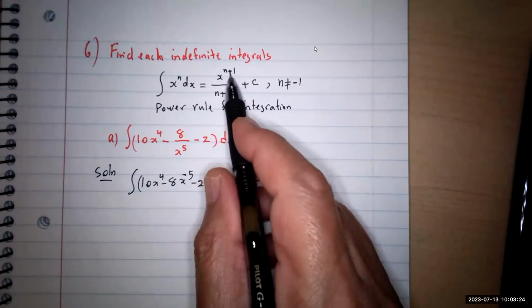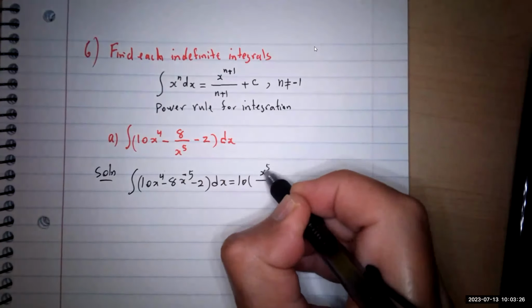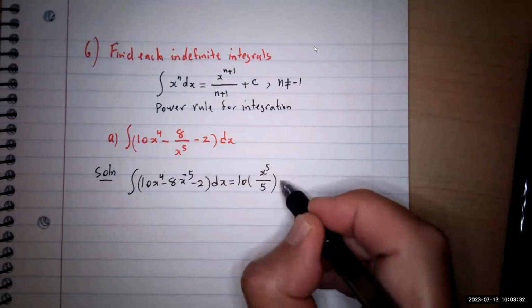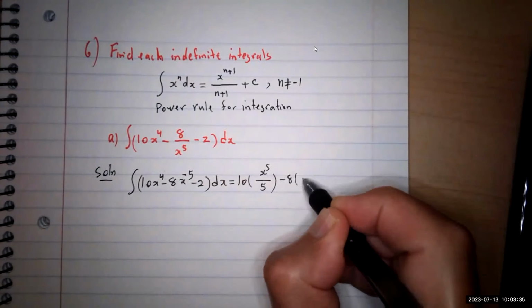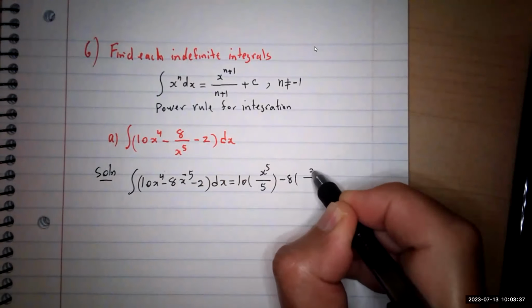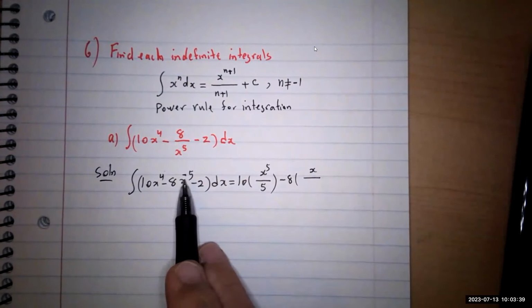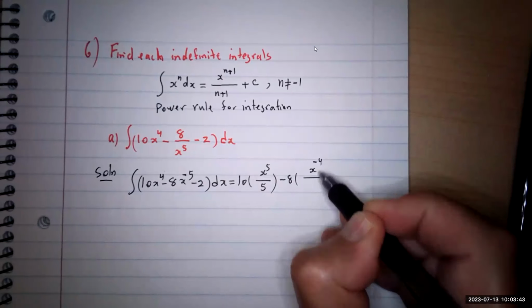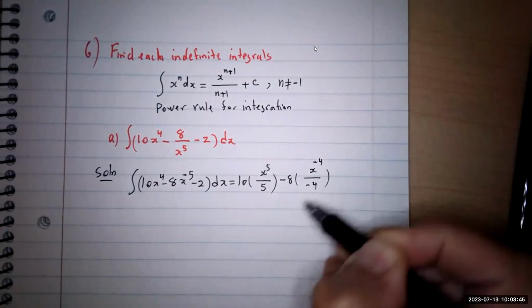X to the 4th, 1 up, 5, divide by 5, you're done. Next, -8 is a coefficient, you keep it. Action of integration, x to the, move up the power. -5 plus 1 would be -4. You divide by -4, done.